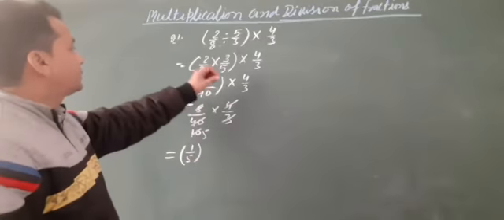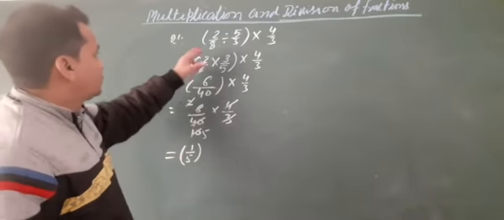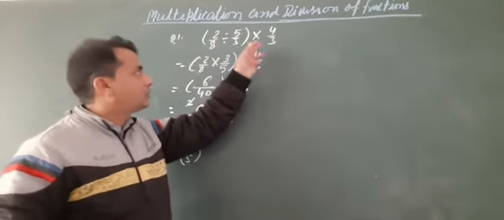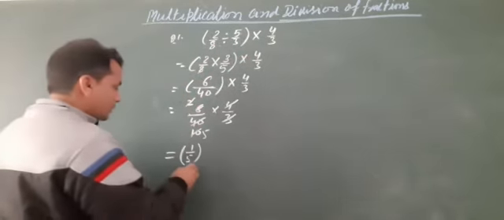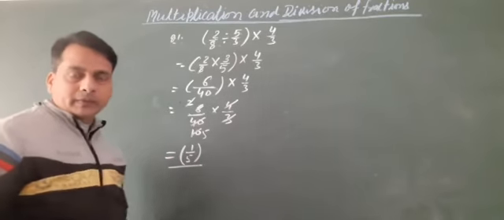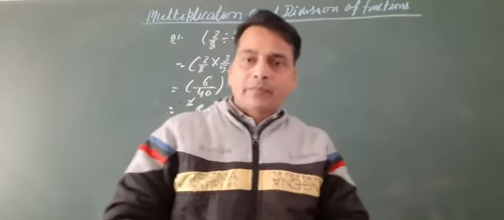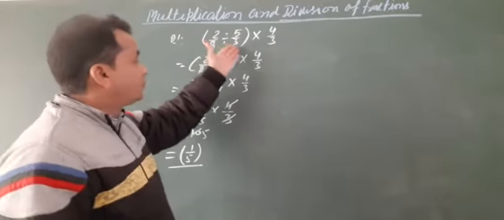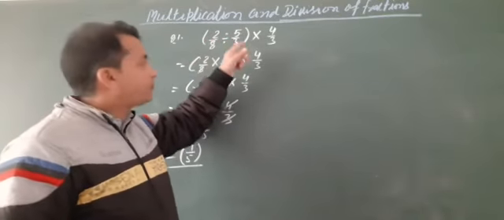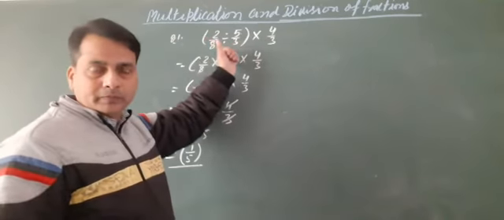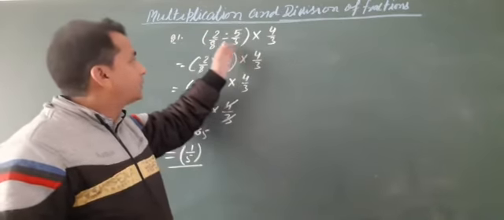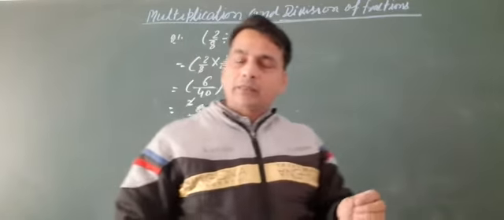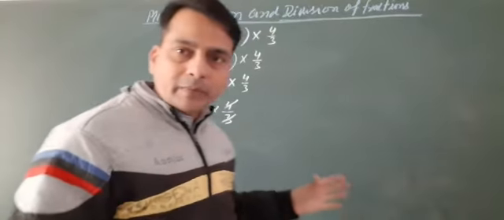So here 2 by 8 divided by 5 by 3, bracket close, into 4 by 3. The answer will be 1 by 5. So the first step in this type of question is to change to the reciprocal of the given number, and the sign of division will change to the sign of multiplication.